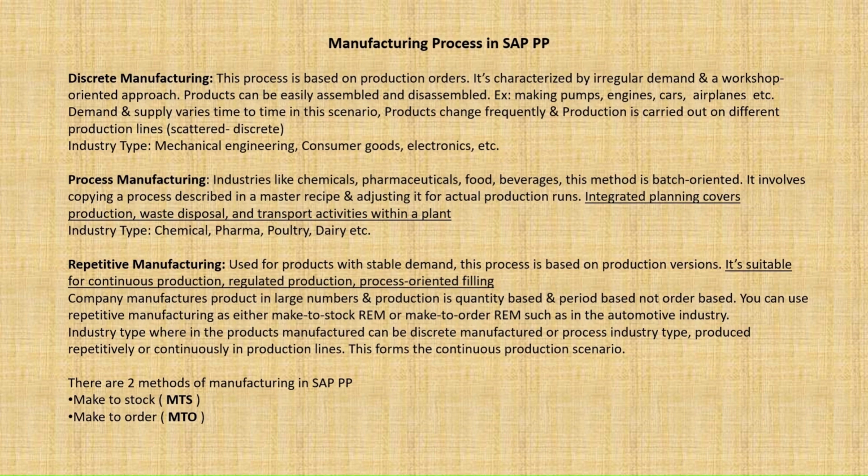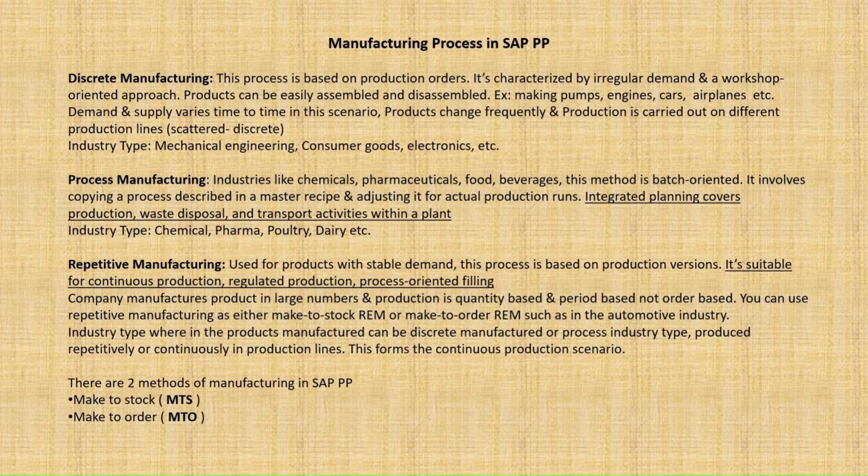So he is asking for some customization and places an order. The second category is make to order: when the order comes, only then do we produce it, piece-wise. If I got an order of say 100 pieces only, then I will produce only 100 pieces.